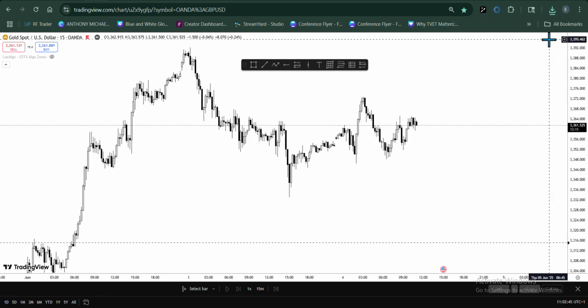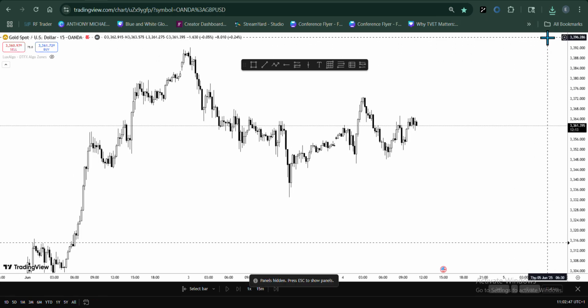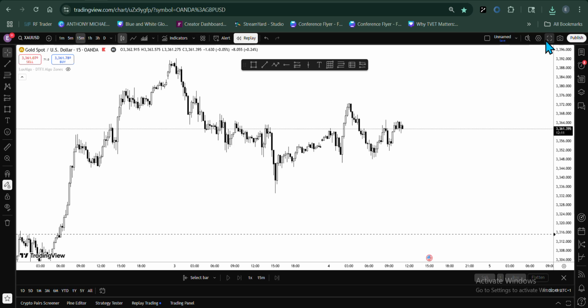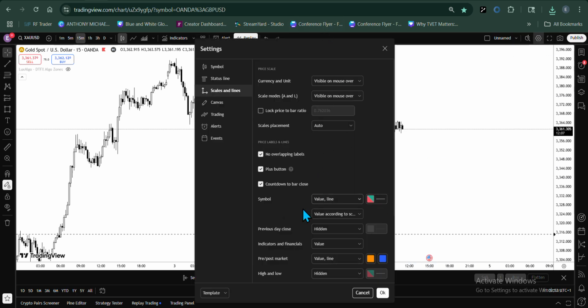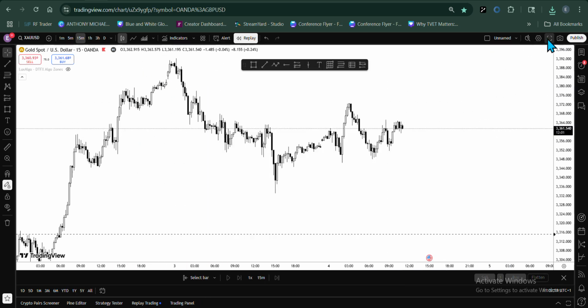If you want to zoom in, press escape to come back. You can do additional settings for your view, because this is not how you see it; you see it at default, green and red candles.